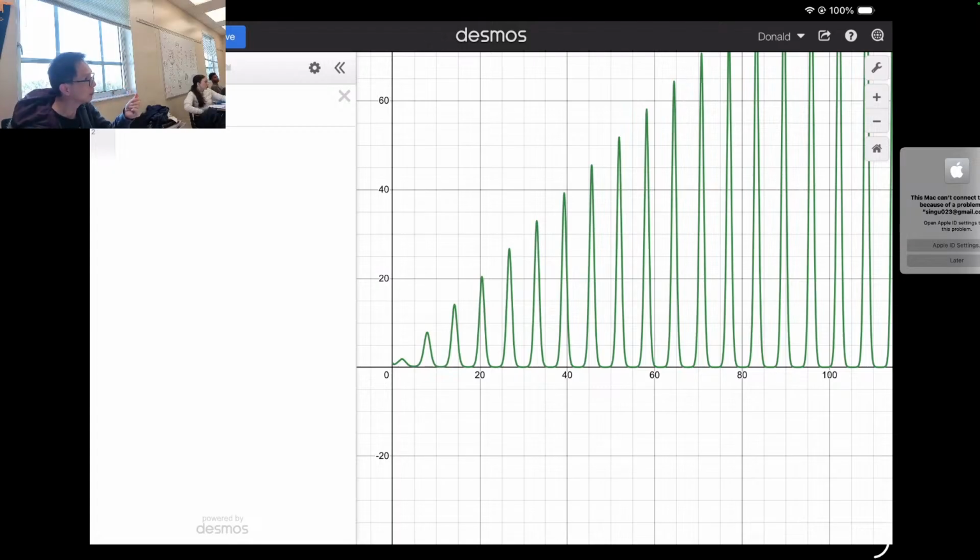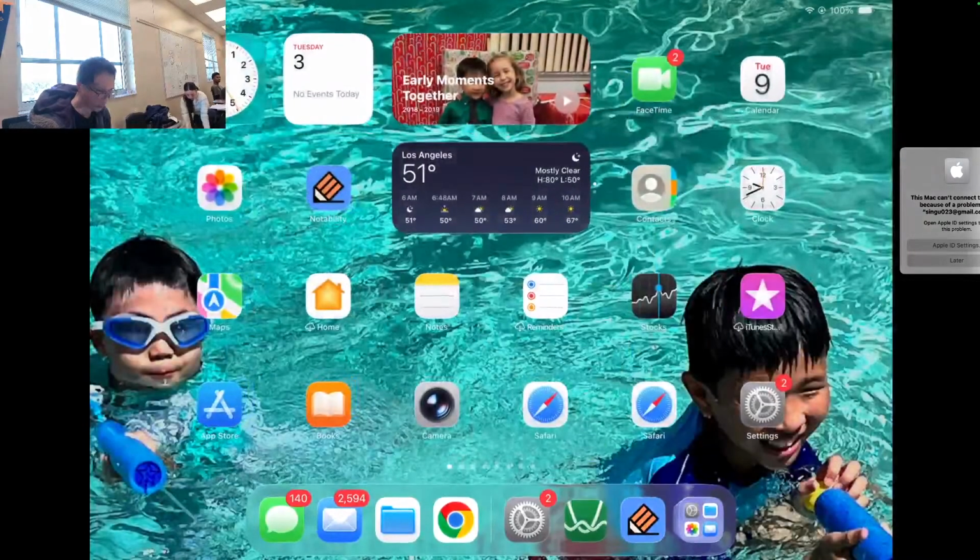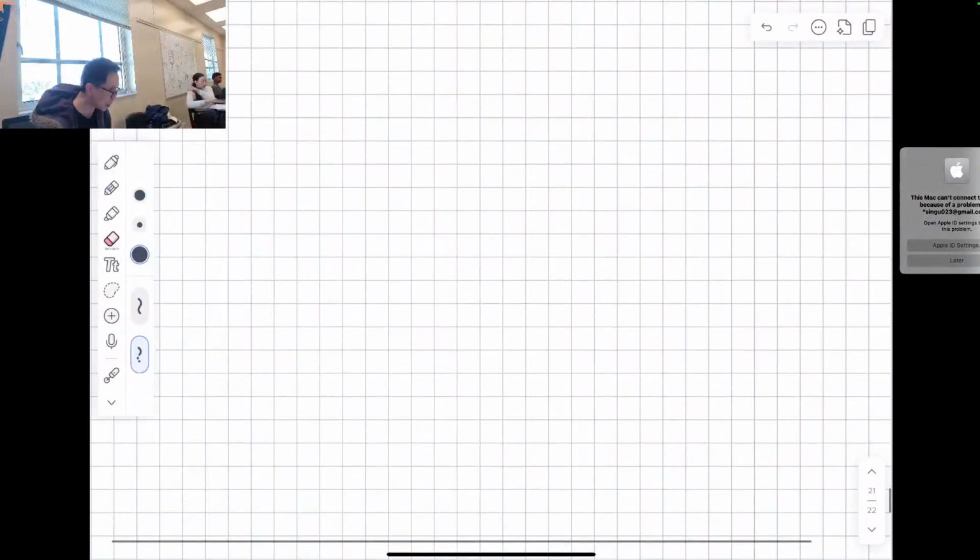Sine of x can only go from negative 1 to 1. However, if you have anything to a negative power, it does not produce a negative value. Oh yeah, because it's a fraction. Okay. All right, we're going to go to the next question.